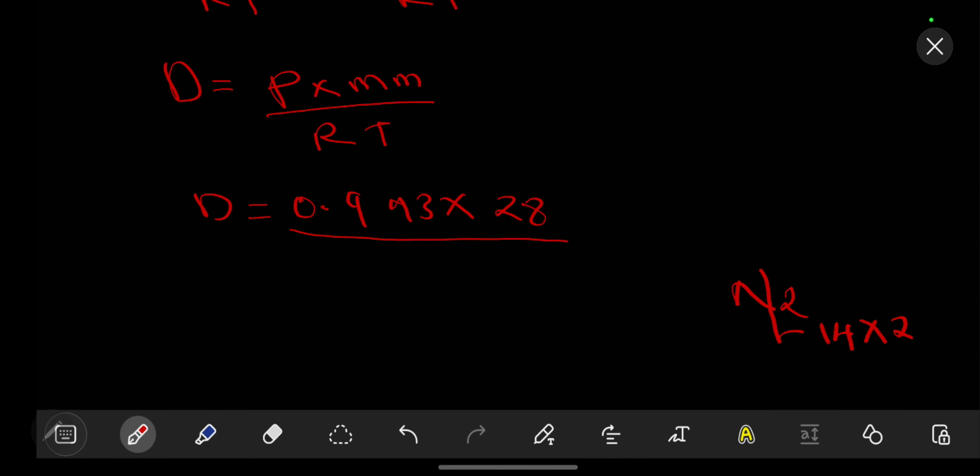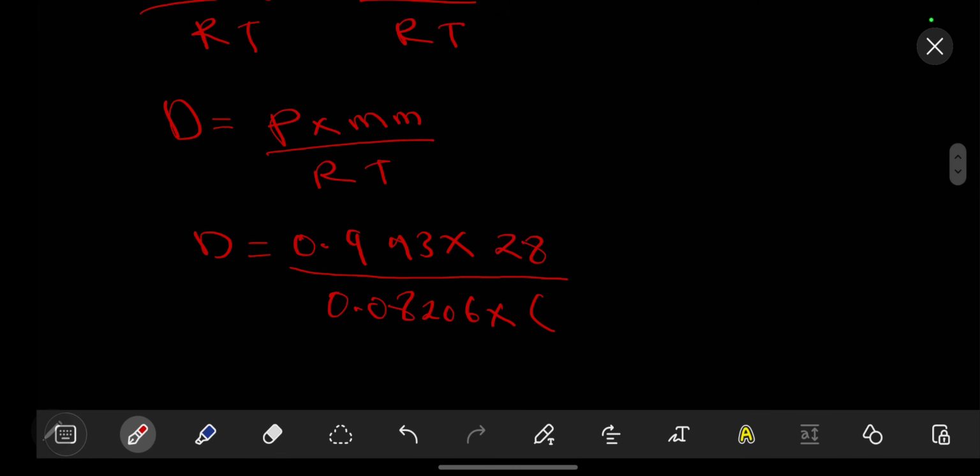Then over, since we have used the pressure in atmospheres, we get our R to be 0.08206 times our temperature. Remember we were doing the conversion from degrees Celsius, so we just add 273.15. So we have 125 degrees Celsius plus 273.15.